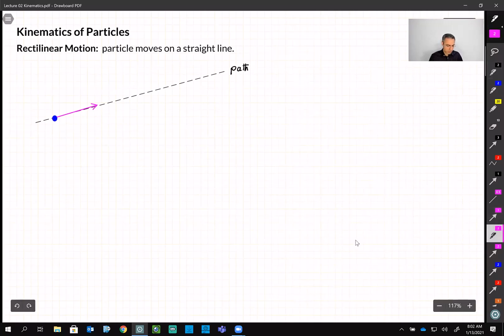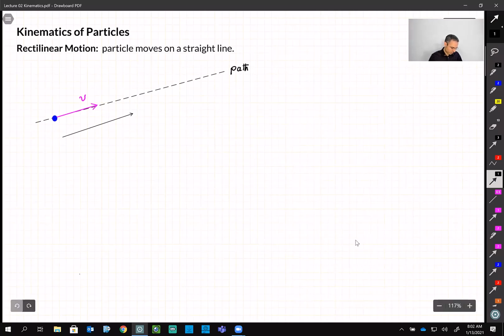Velocity, usually we show it by V, which stands for velocity. And always when we talk about kinematics, we should have a reference. Let's say this particle maybe started somewhere before, but we are interested to study it from this point and for the rest of the motion.